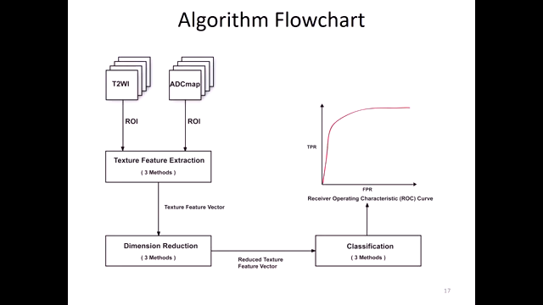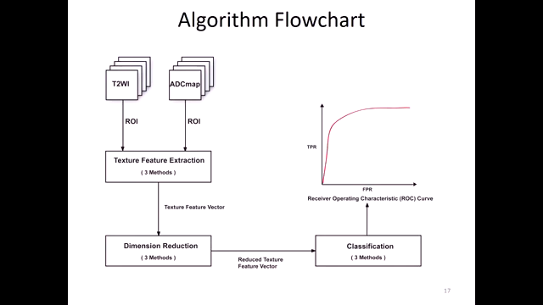And then in the classification, we're going to use 3 methods and propose, with the data set we have now, a 5-fold cross-validation for the training and the testing of our classifiers. And from the classifiers, we will get a receiver operating characteristic curve, ROC curve.